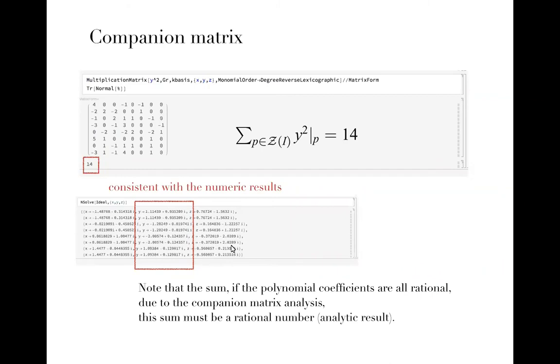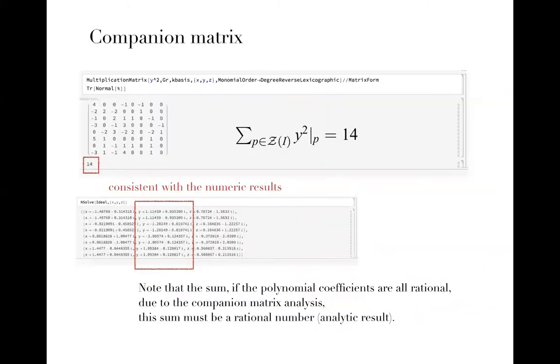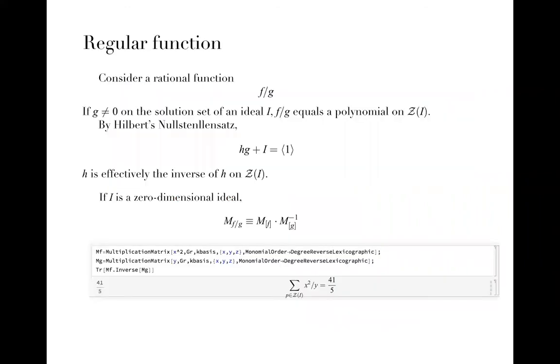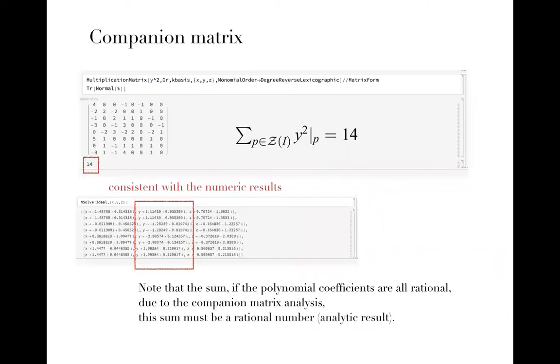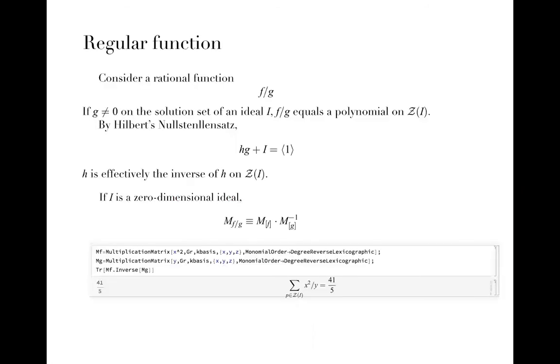So here I give you the reference. Sorry, I still have to introduce another technique here. You may ask me, in cases where the function is not a polynomial but a rational function, as in the scattering equation, you have to sum over not just polynomial functions but rational functions. So for this f over g, what can you do?